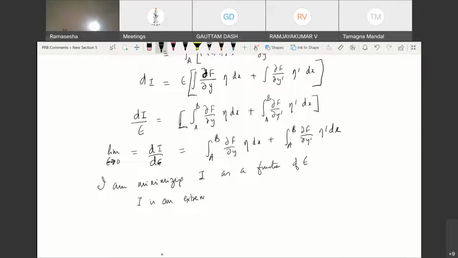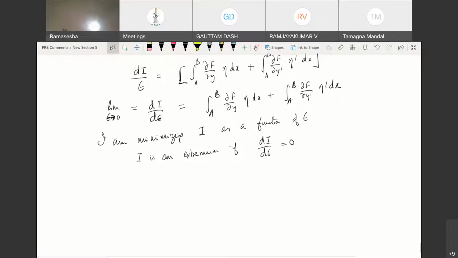Okay, right? Because that's what we always know from maxima and minima. What we have done is express it as though it's a function of a single variable epsilon, so that the integral changes every time we change epsilon, and eta is some arbitrary function that is added to y.